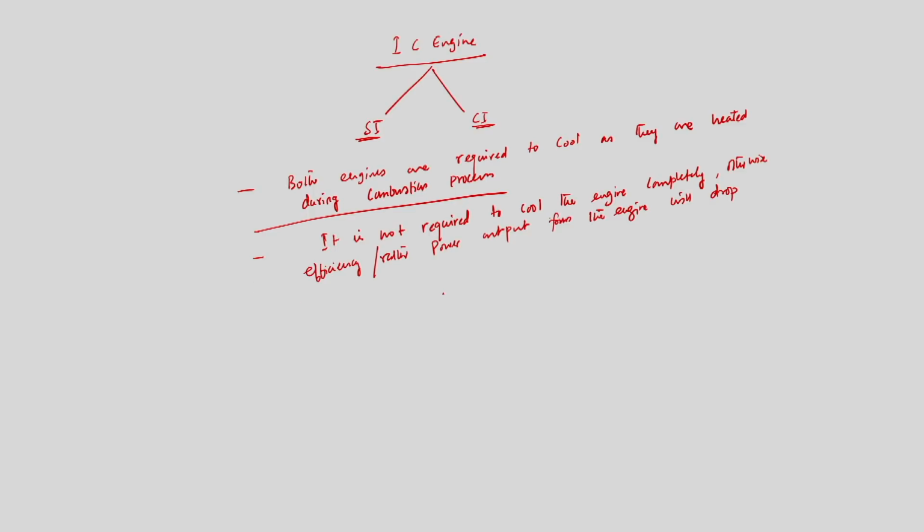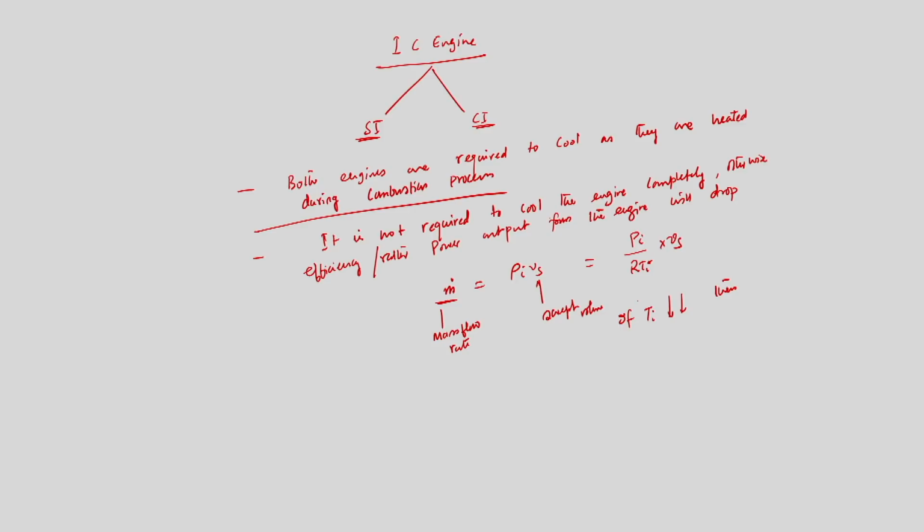This is very important, because we know that m dot is equal to rho_i into Vs, that is, mass flow rate equals density times swept volume. Since rho_i can be written as Pi by R Ti, m dot equals Pi by R Ti into Vs. So, if Ti drops, then what will happen?